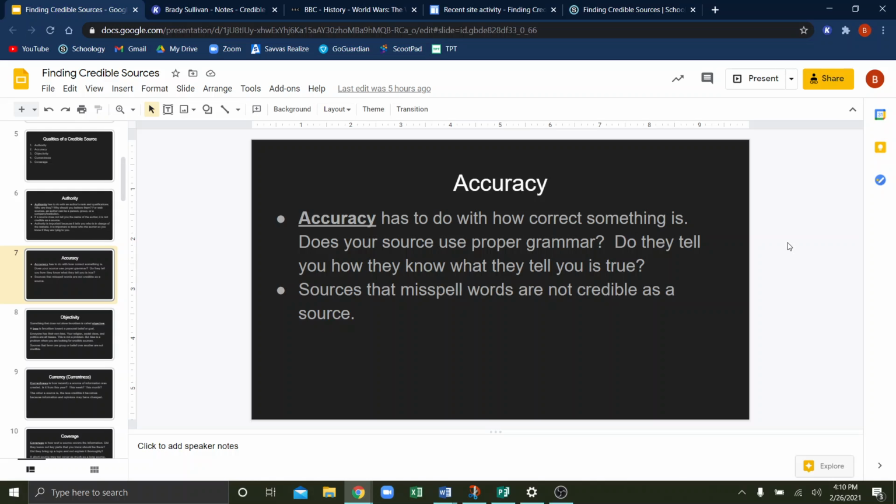Basically, if there's a bunch of spelling errors, typos, or grammar mistakes, this also includes inappropriate language. If you find a source that's using swear words, this also negates it as a credible source. Accuracy is how correct something is, also how formal something is.